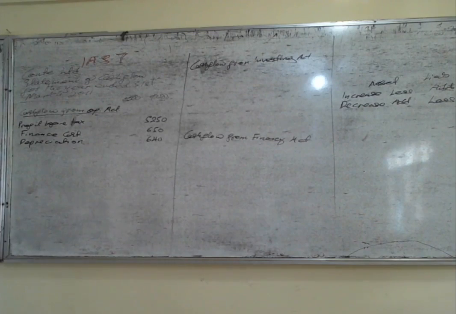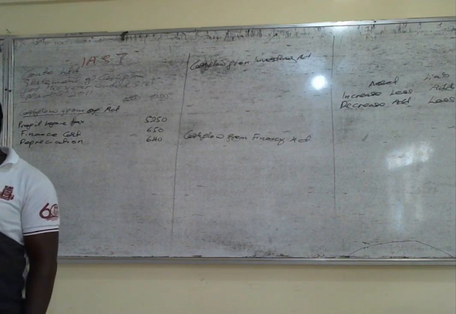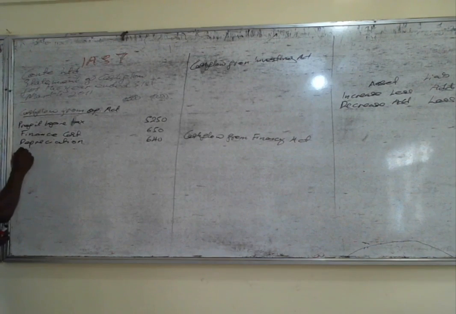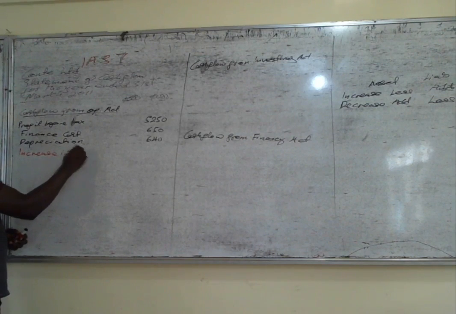So for the increase and decrease in working capital, you look at whether it has been increasing or decreasing. You just have to check the figures. At the beginning it was how much? 1,800. And at the end it is 3,600. So we write increase in inventory.